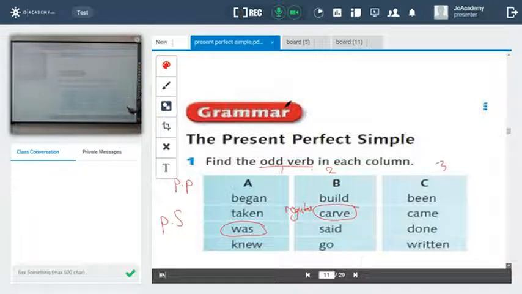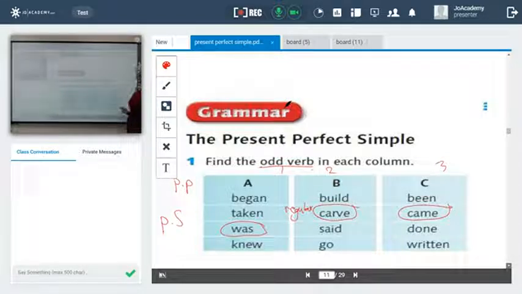Now, what about C? Been, came, done, written. Which one is the odd one? Very good. It is came. Why is it the odd one?